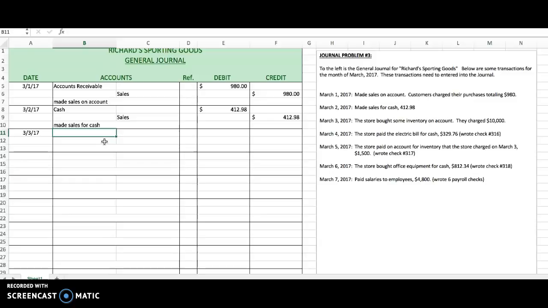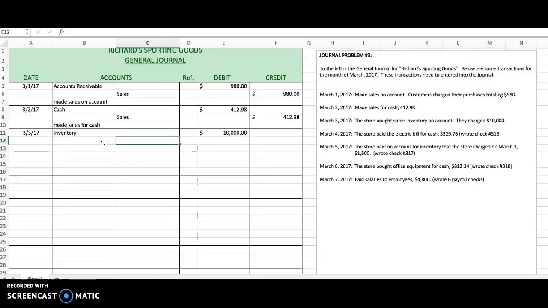Obviously, inventory then went up. So inventory is an asset. Whoops, inventory. Let me spell it right. Is an asset account. It went up, so we debit, and the amount is $10,000.